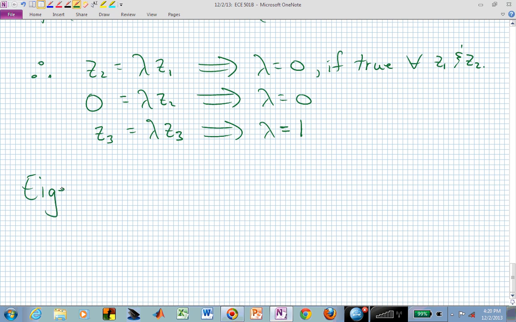So let's look now and try to find the eigenvectors associated with this particular linear map.